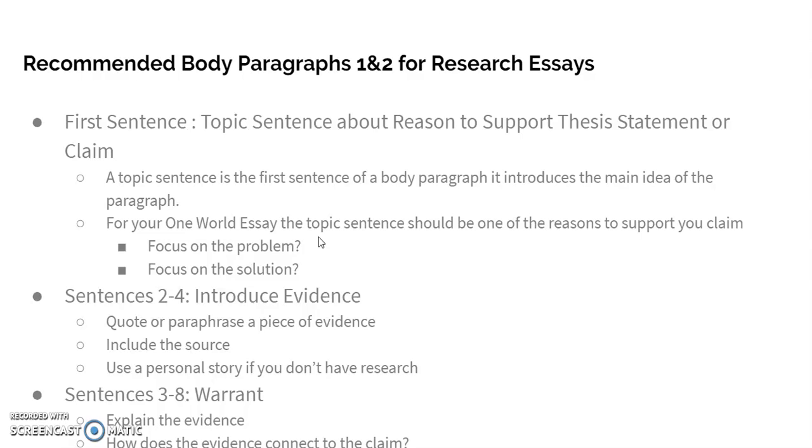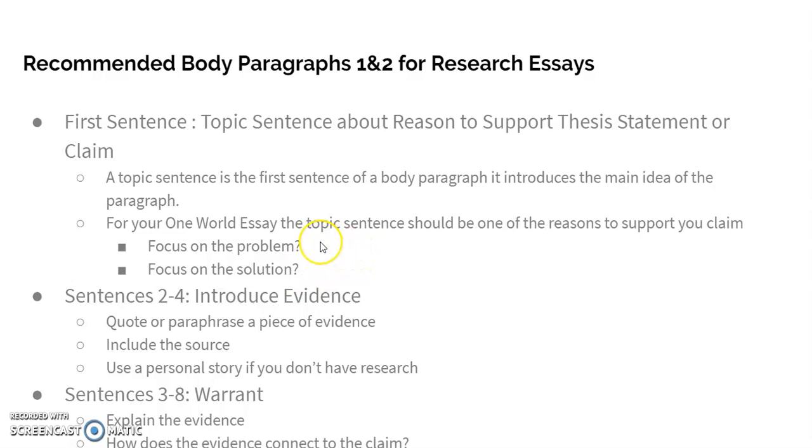So for One World, it should be a reason that is maybe focused on the problem or a reason that is focused on the solution. So it could be a reason, why is this a problem? Or why is the solution you're offering the best reason? If you prefer, you could have body paragraph 1 focused on the problem and body paragraph 2 focused on the solution.